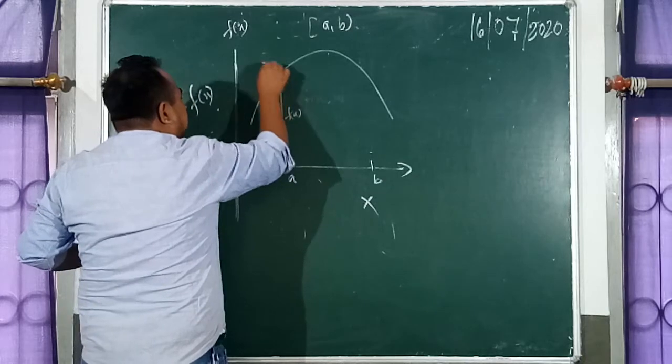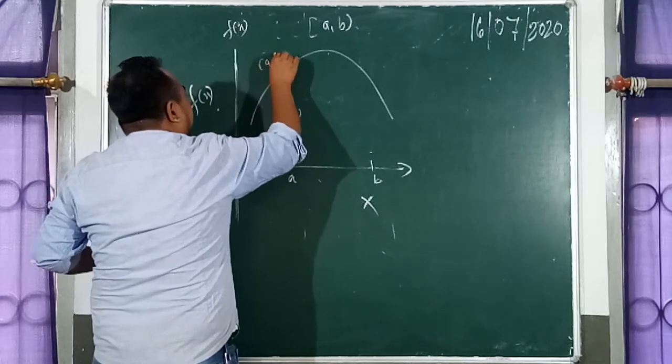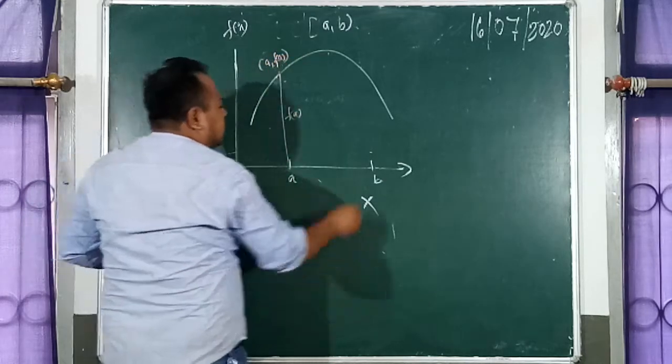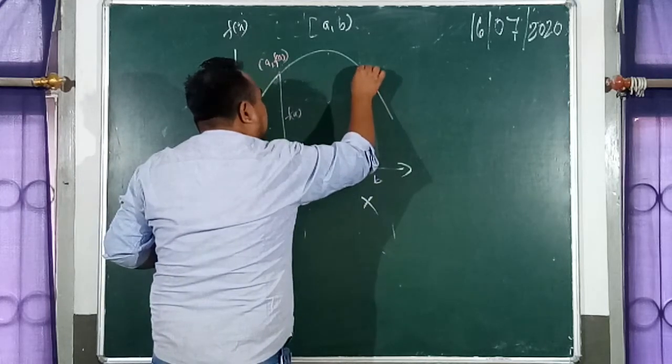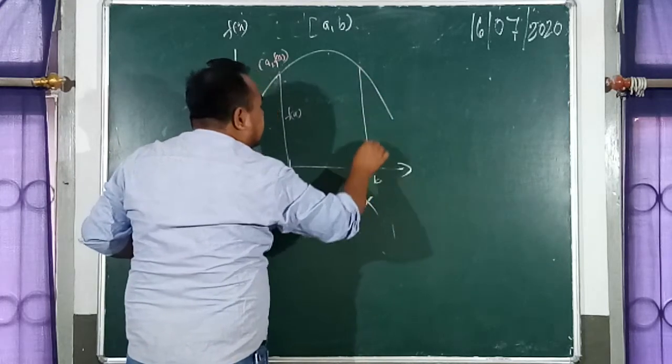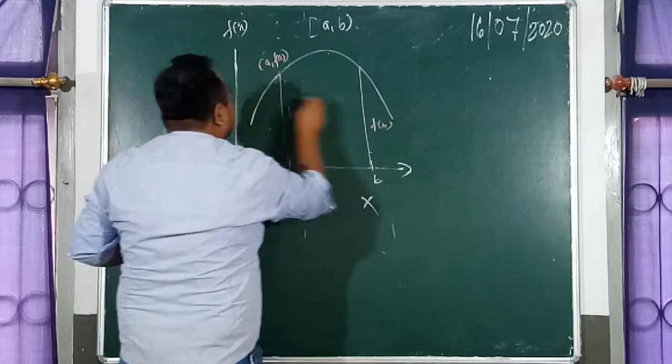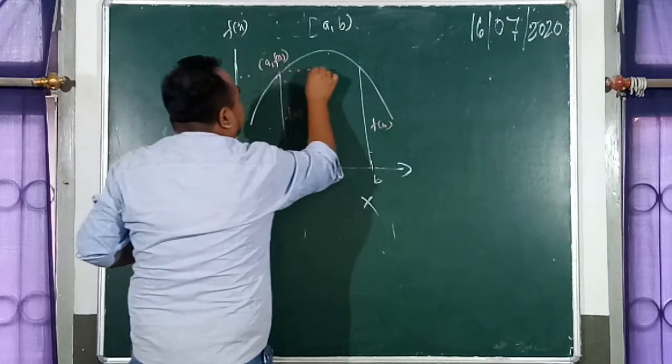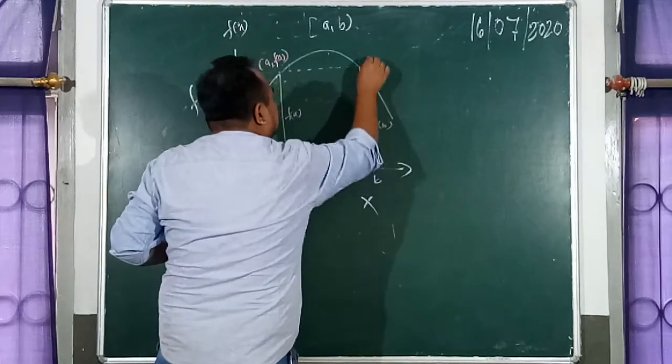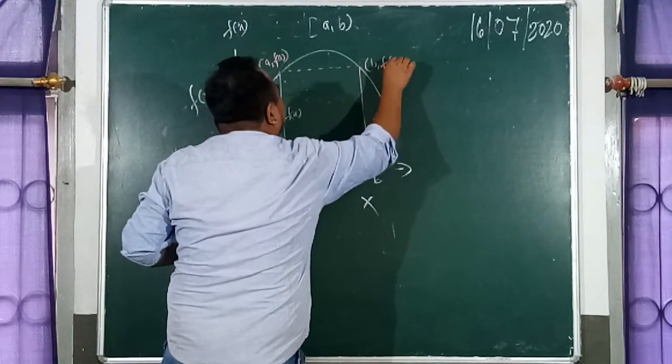That means this point is a comma fa, and the value of b, this is fb, this distance. So this point is B comma fb.